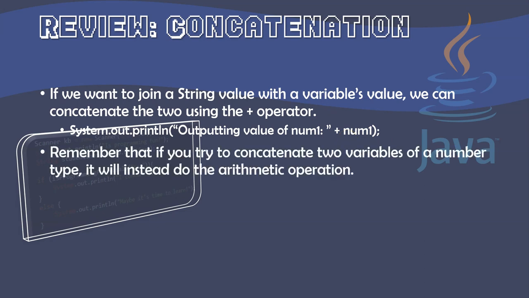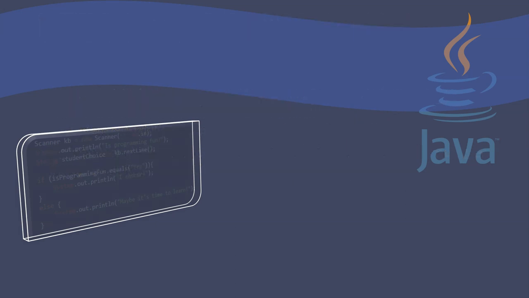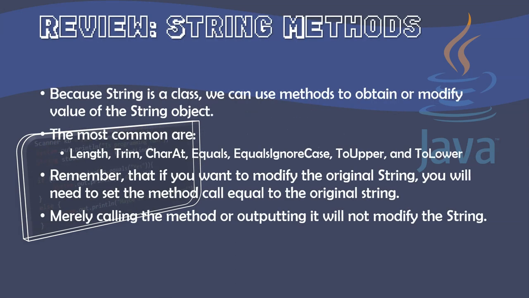Additionally, remember that if we try to concatenate two variables of a number, it might instead do the arithmetic operation. So if I had done this same line of code, but instead I said num1 plus num2, and I put num1 plus num2 in parentheses, it's probably going to add them. Very similar, we also have something called string methods, and because that string object is a class, we can use methods that are defined within that string class to obtain or modify the value of the string object.